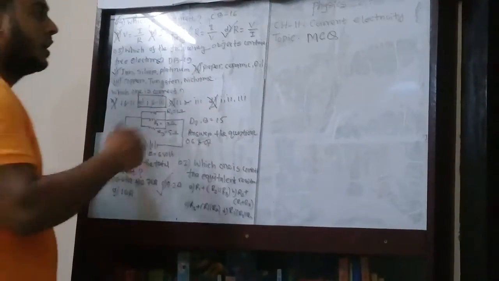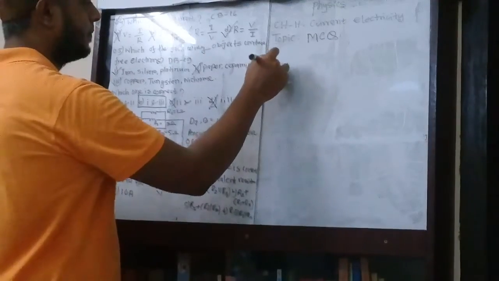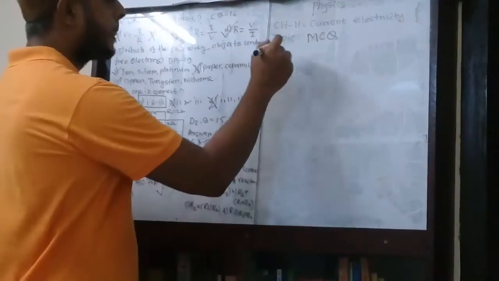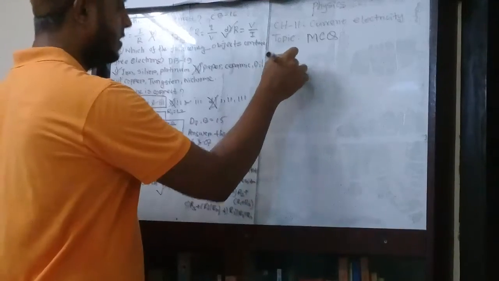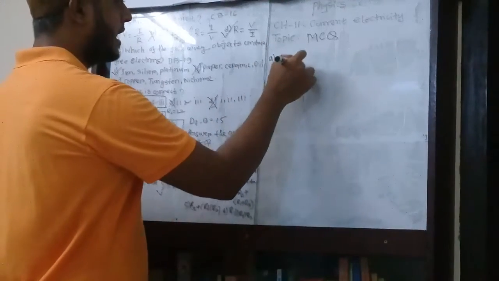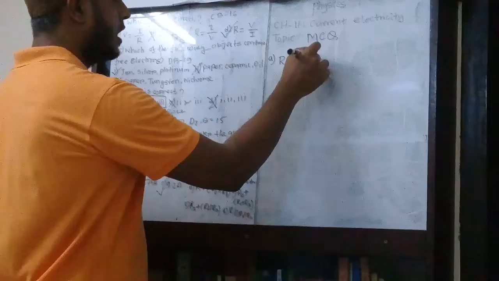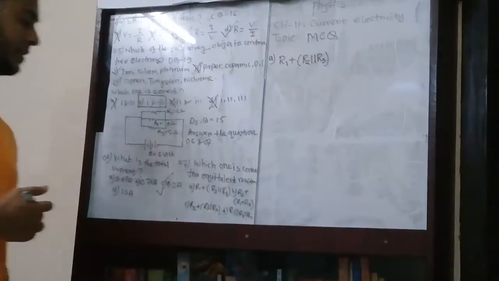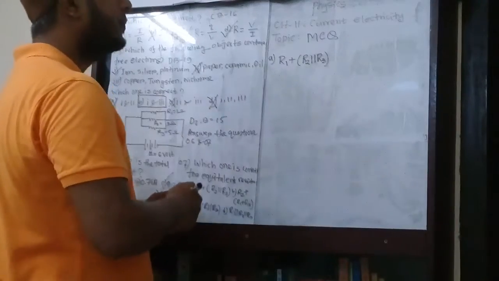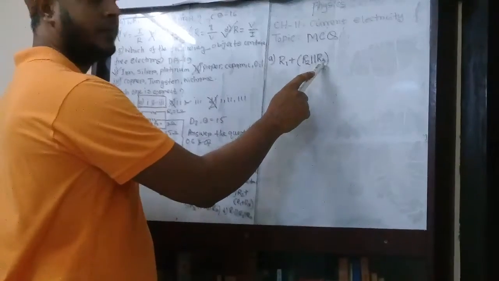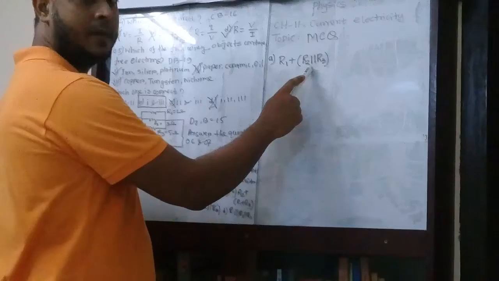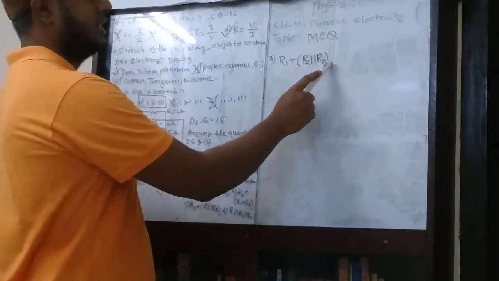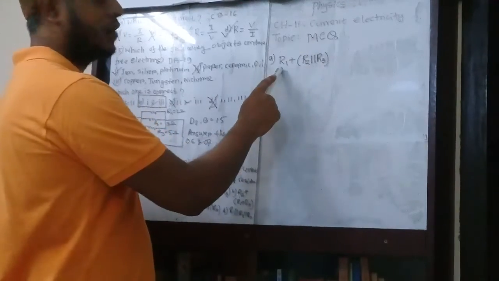Option number A is R1 plus R2 parallel R3. In this expression, R2 and R3 are connected in parallel, and this part is connected in series with R1.